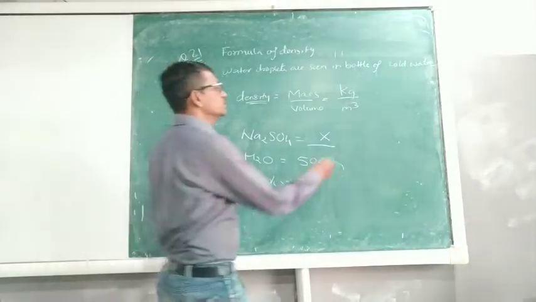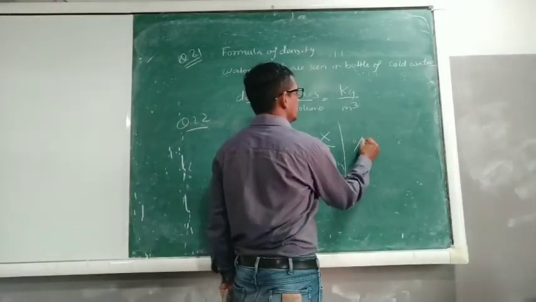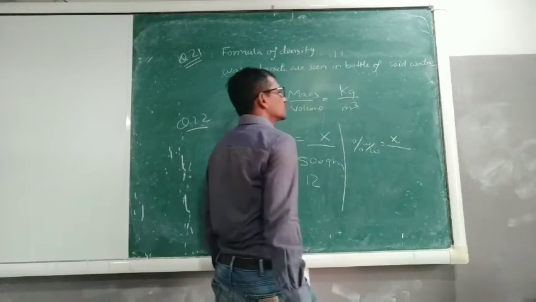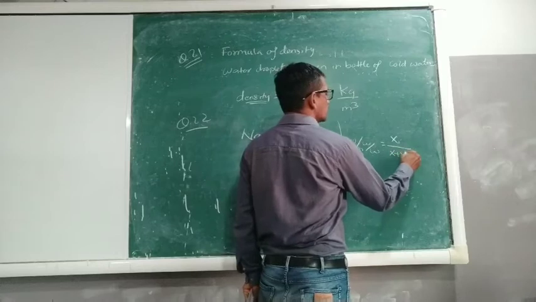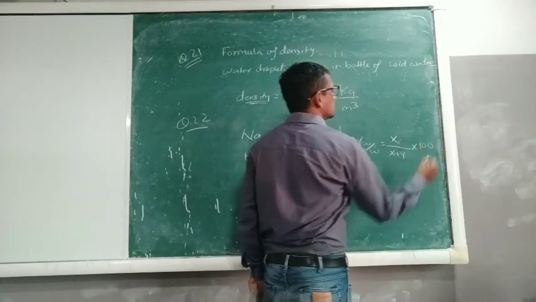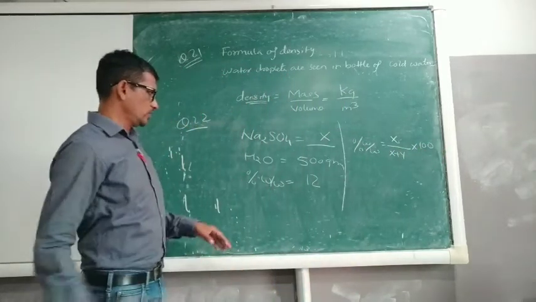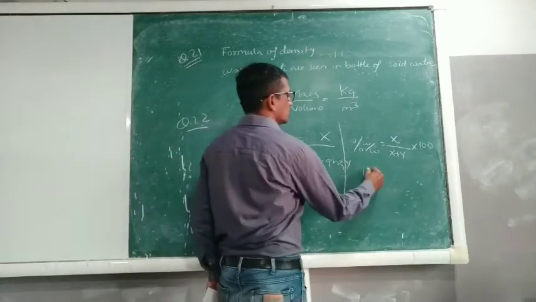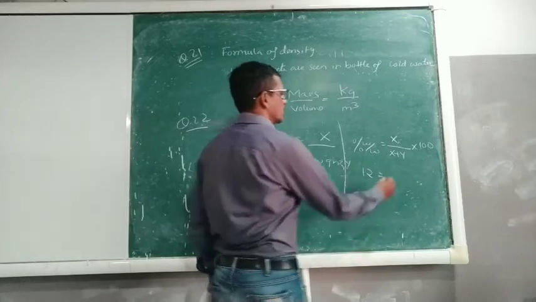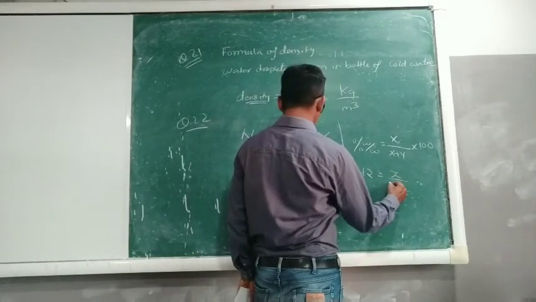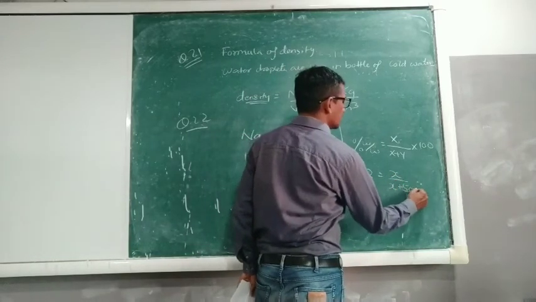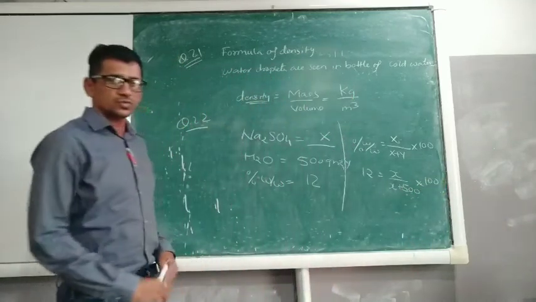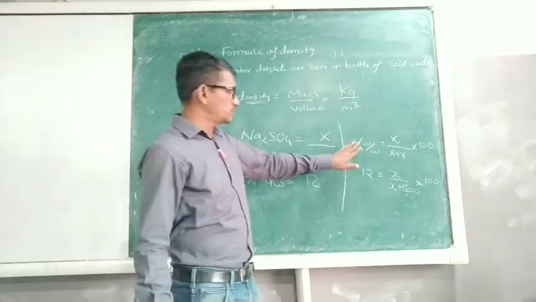So the formula is percentage weight by weight is equal to weight of solute upon total weight, suppose x plus y, into 100. Then 12 is equal to x upon x plus 500, into 100. So this is the formula.